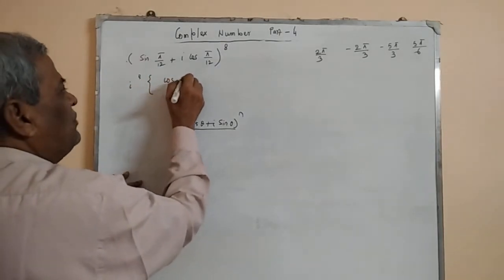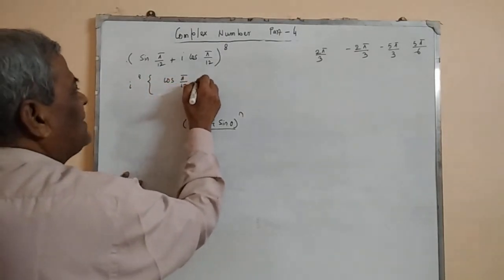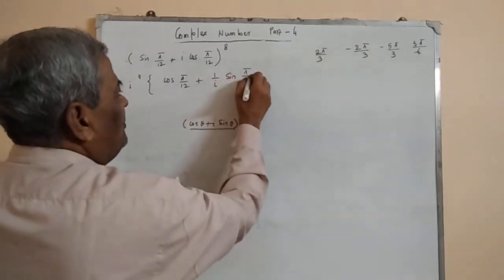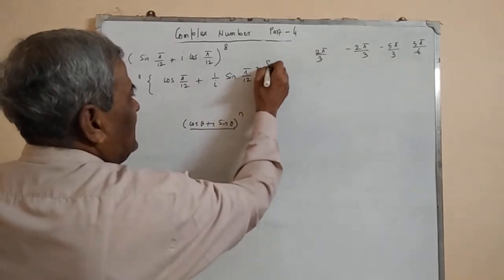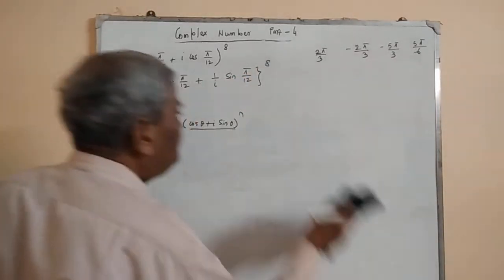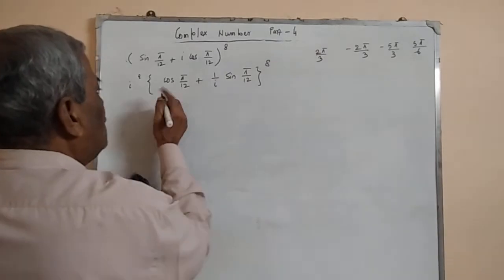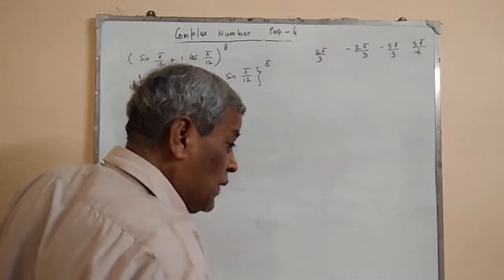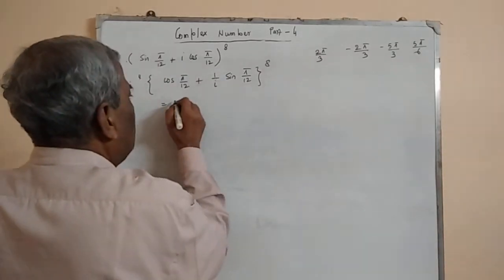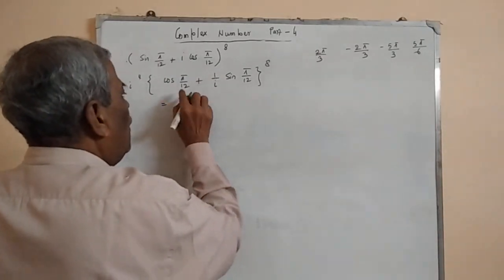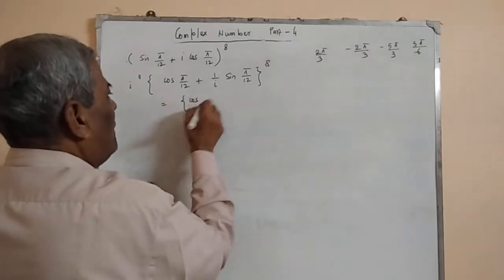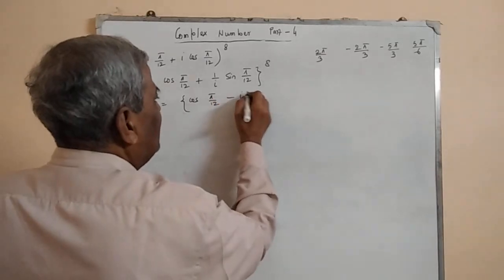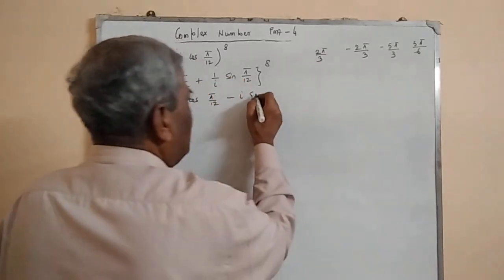Cos pi by 12 plus 1 by i sin pi by 12, that to the power 8. i to the power 8 is simply 1, because i to the power 4 is 1, and it's squared. So it is (cos pi by 12 minus i sin pi by 12) to the power 8, since 1 by i is minus i.